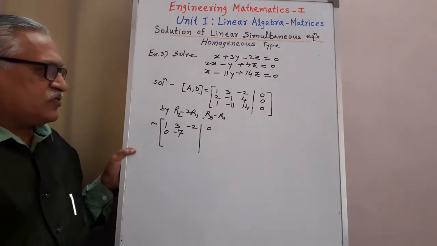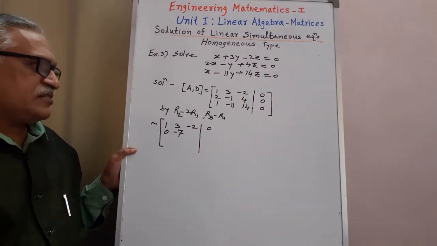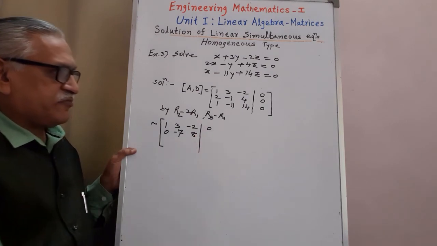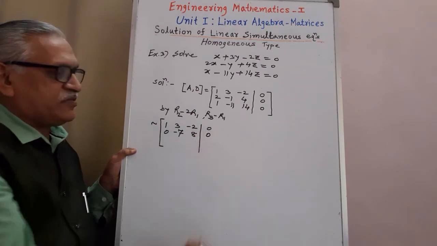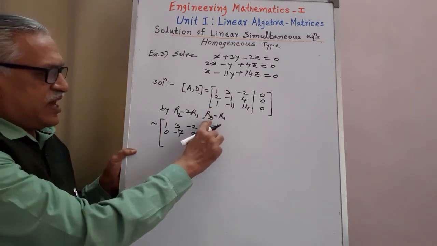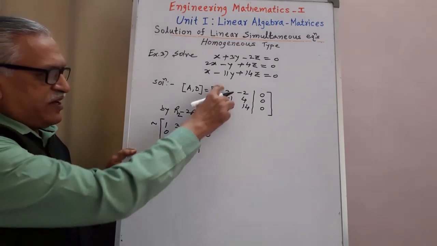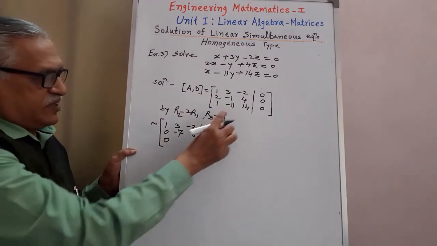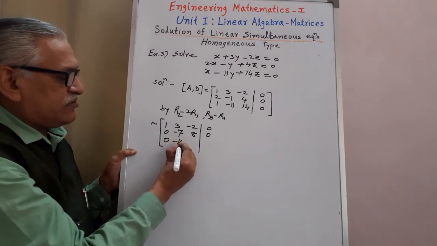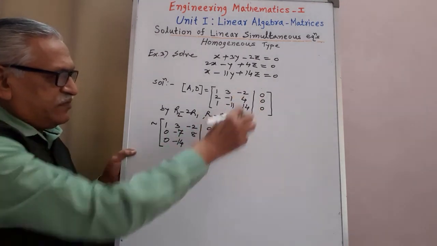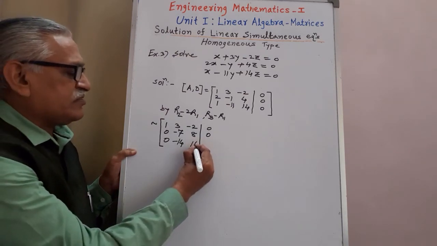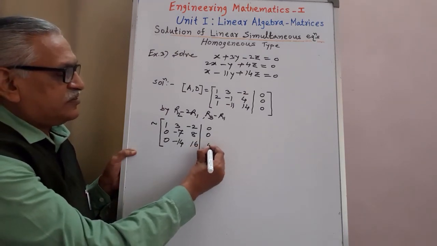Then 4 minus 2 times minus 2, 4 plus 4 we get 8. 0 minus 2 times 0 we get 0. Then the third row, R3 minus R1. 1 minus 1 we get 0. Minus 1 minus 3 we get minus 4... minus 14 plus 2, we get minus 12... 14 plus 2 we get 16. And then 0.